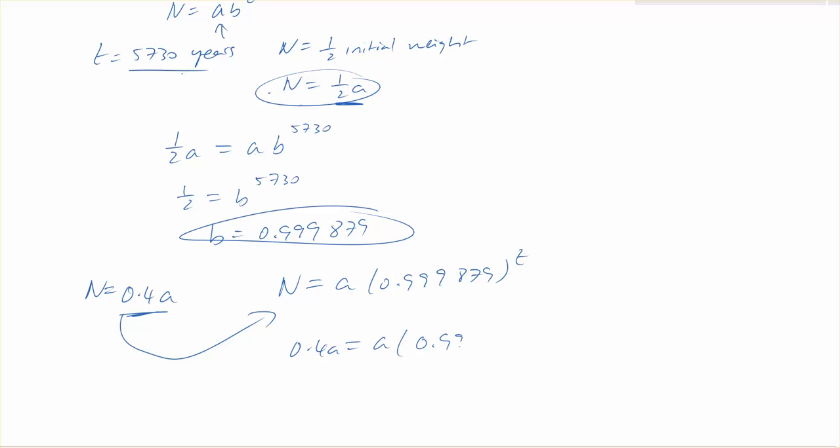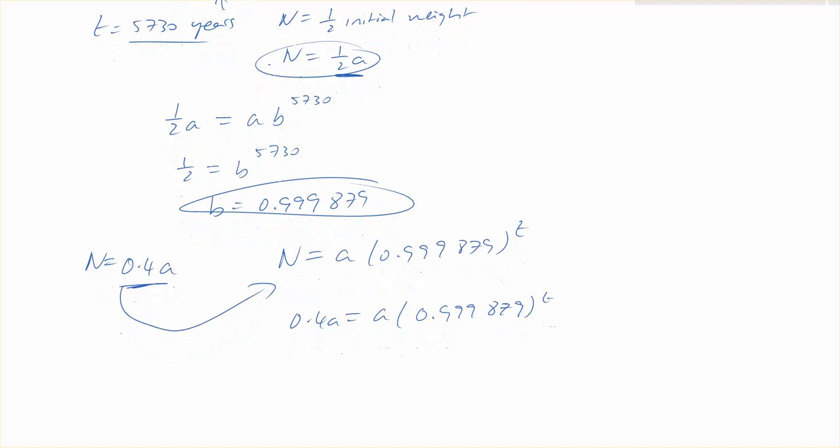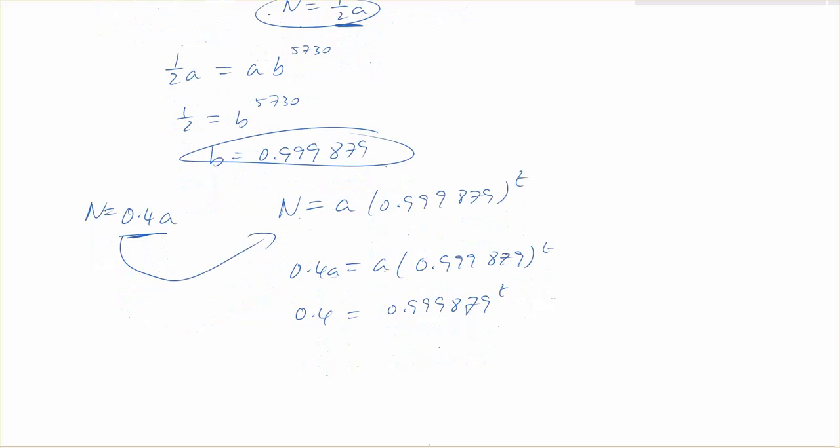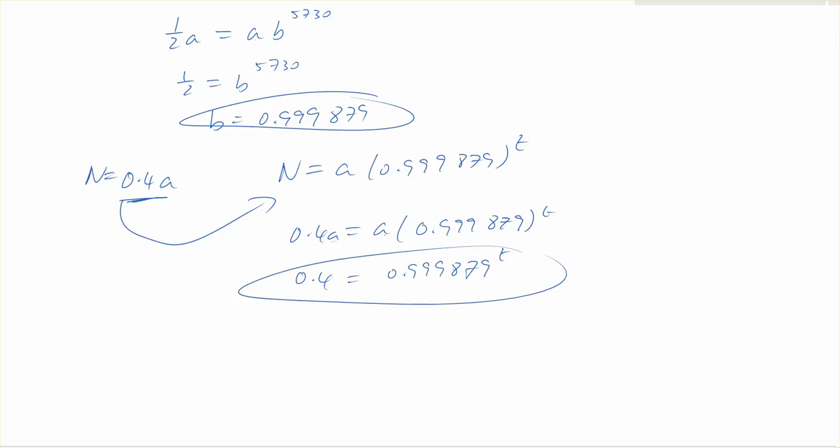All we're doing is solving for t, because the a's cancel out and we've got 0.4 equals 0.999879 to the t. We want to find out how long it takes for the carbon to reach 40% of its original mass.